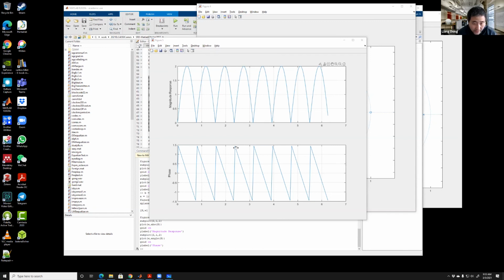Now, if you look at the phase, it's actually a linear phase system because it's an FIR system. I only have a numerator. I do not have anything in the denominator. And what you see here is because of the wrap effect. So you wrap around positive and negative pi over 2. When you connect all these together, it's a straight line.